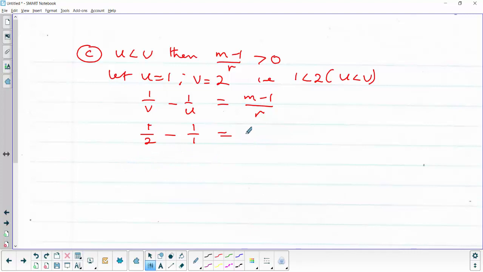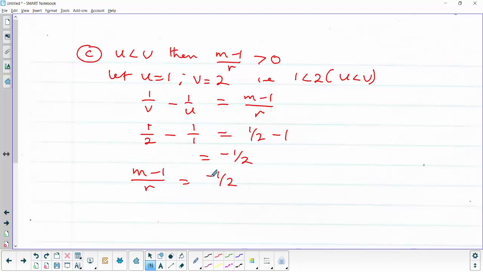This is the same thing as half minus 1, which means it's going to be minus half. So therefore m minus 1 over r is equal to minus half.